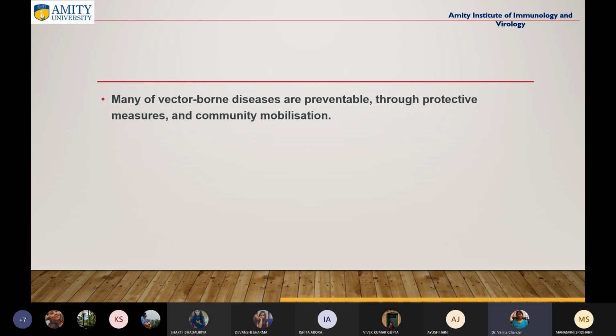Similarly with foodborne diseases or foodborne viruses. If we use clean water for drinking, or if there is no other source and we just boil the water before using it, those can be prevented. And when we talk about Swachh Bharat Abhiyan, or Clean India, many diseases occur because people don't have proper washrooms and still go in the open, and that fecal matter contaminates the water sources.